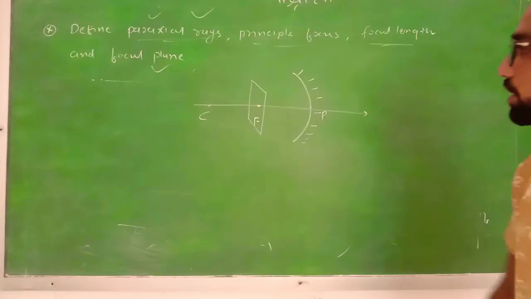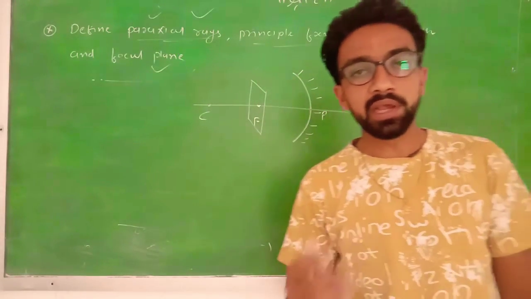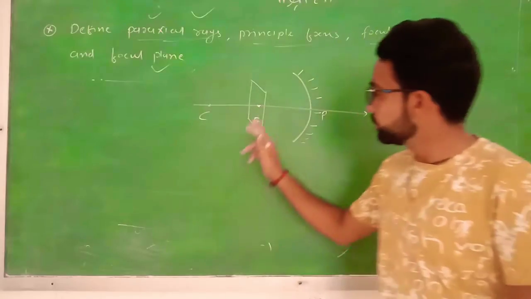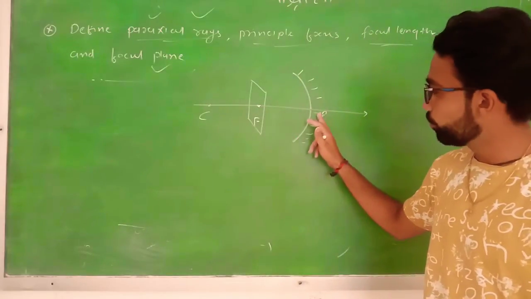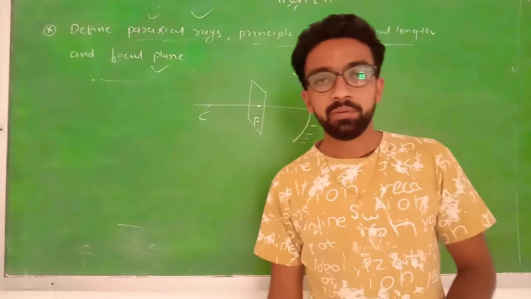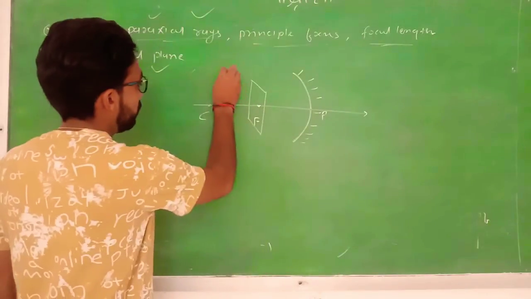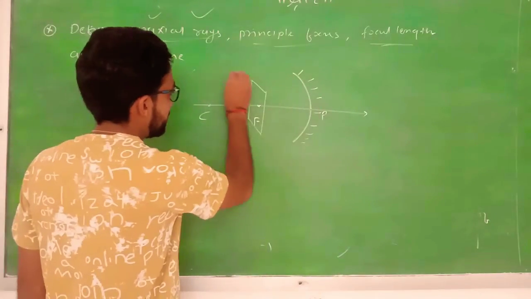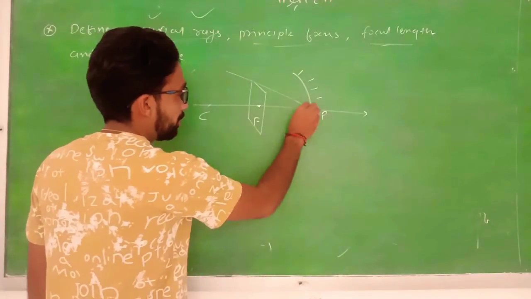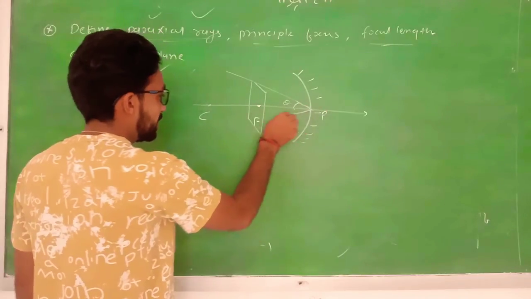Now we know what paraxial rays are: rays which make some angle with the principal axis and are very close to the pole. So we consider a paraxial ray here. After the reflection, it makes some angle theta and passes through this plane.